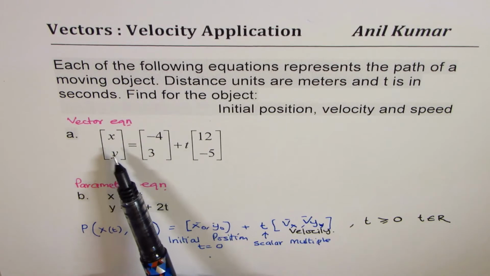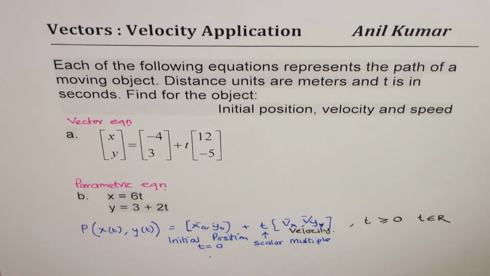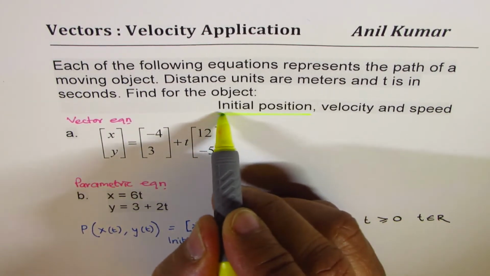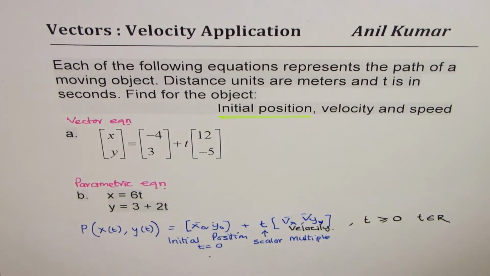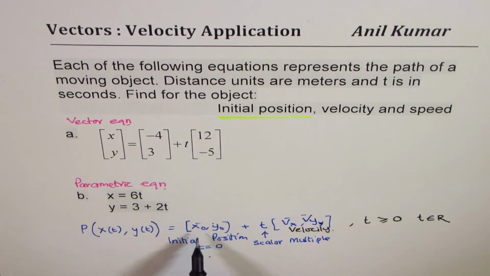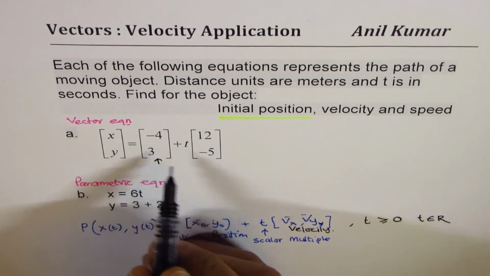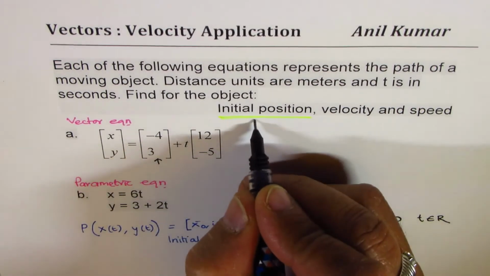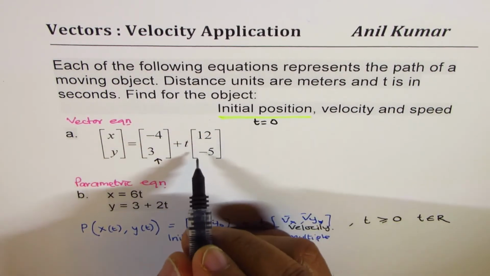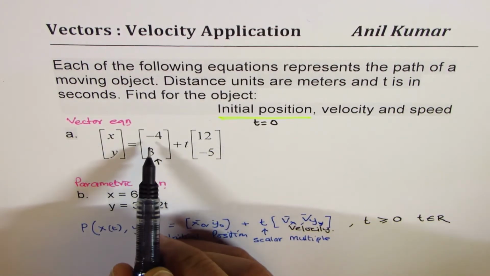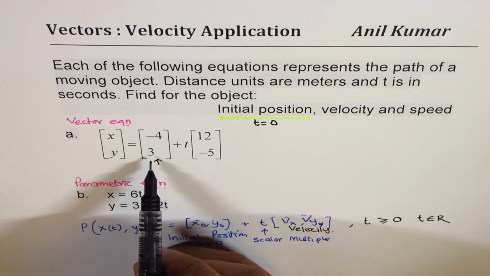Now let's see how to read initial position, velocity and speed from the given equation, right? So that's the whole idea. First, let's look into the initial position for both the equations. As I was saying, this part is from where the particle starts. If I substitute t equals 0, then plus 0 makes the position start at minus 4, 3.